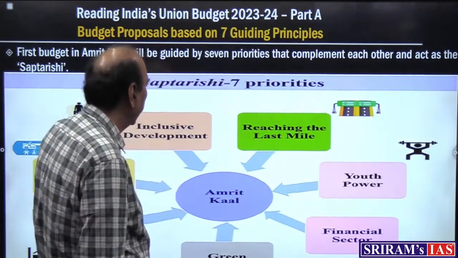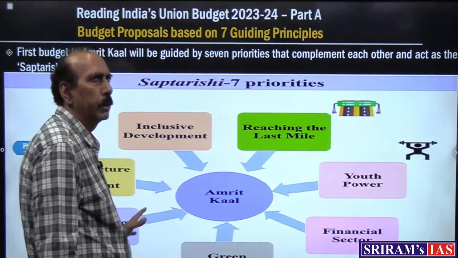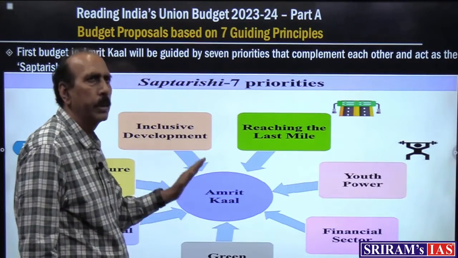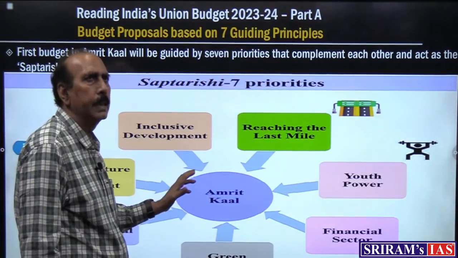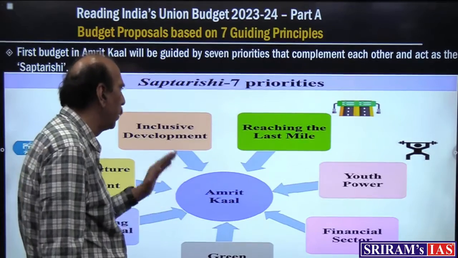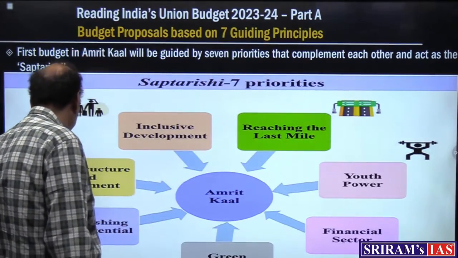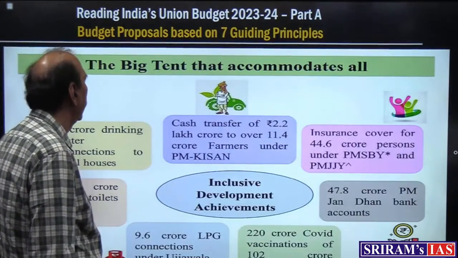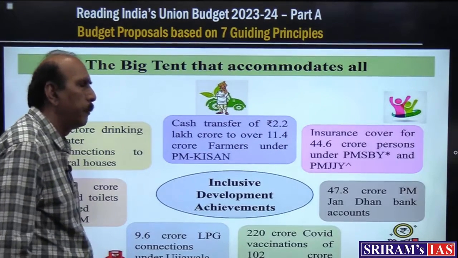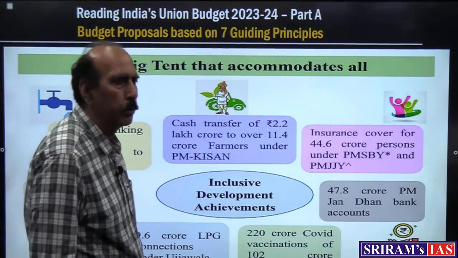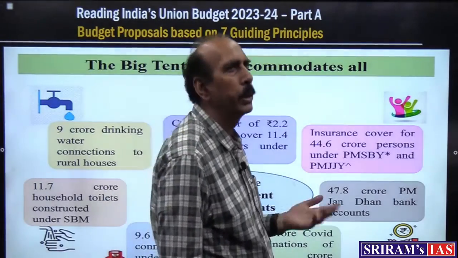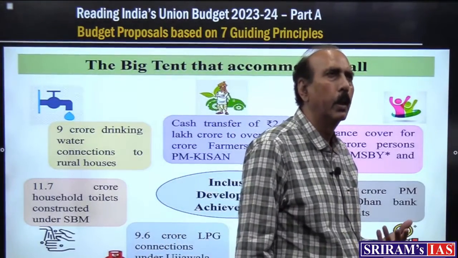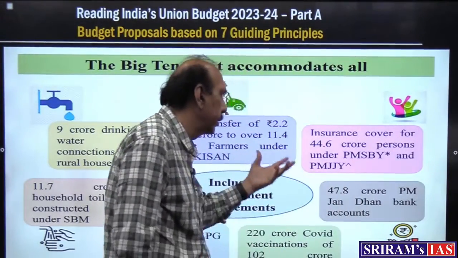And in this budget, the kind of situation we have presented before you is the priorities of the government. What the government is trying to do in this area, that we briefly mention. For example, for attaining inclusive growth, what we have already done is summarized in this slide.